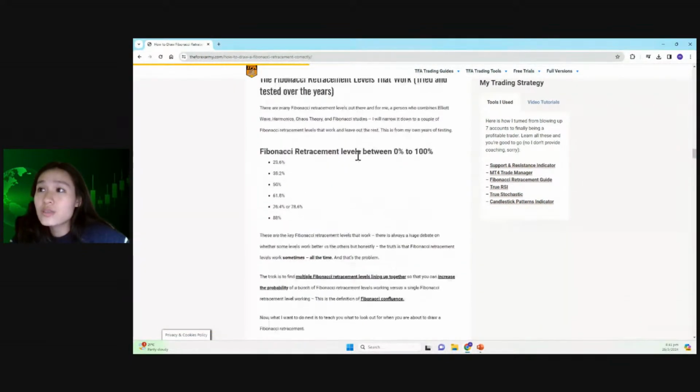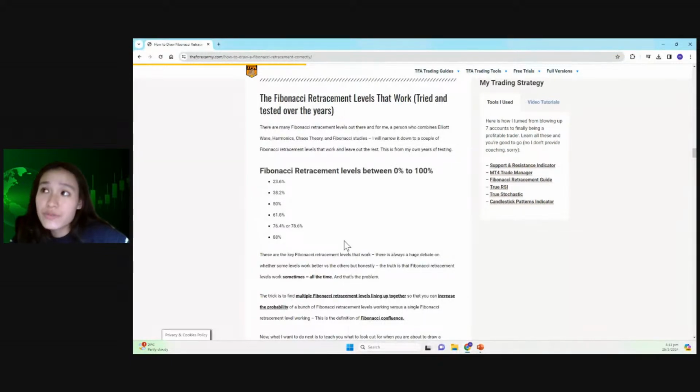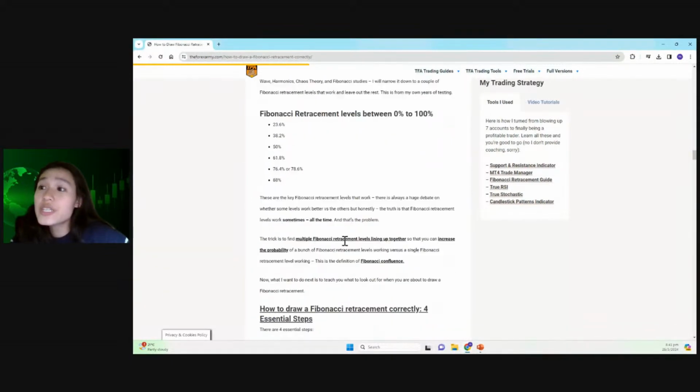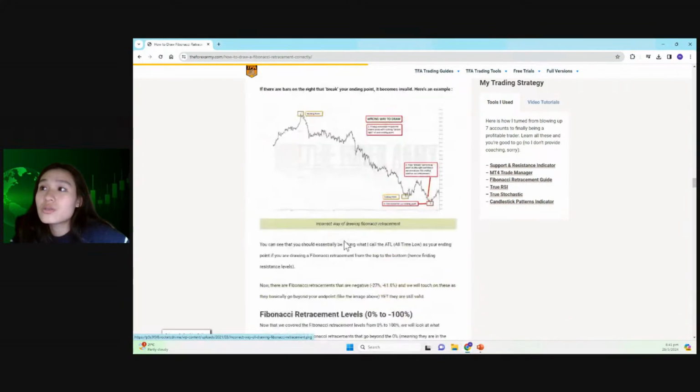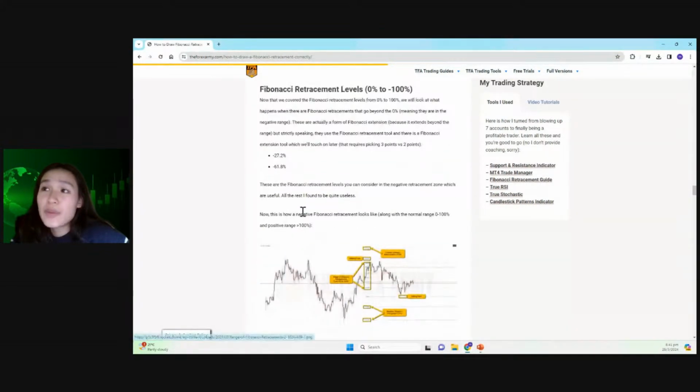We go through the four different techniques. We have the retracement, and how to draw an expansion. The negative levels, like you see over here, are what we call Fibonacci expansion levels.